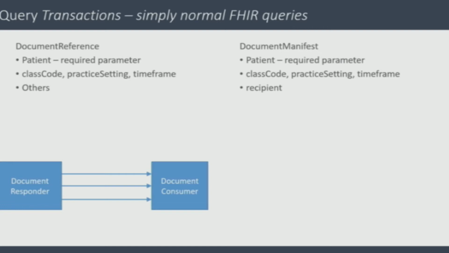So the point is, I don't have these labeled, but imagine this is a query on document manifest. This is a query on document reference. This third one is the retrieve of the document bits itself, which essentially is a FHIR request on a URL.